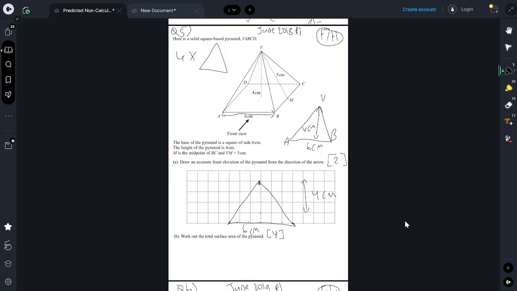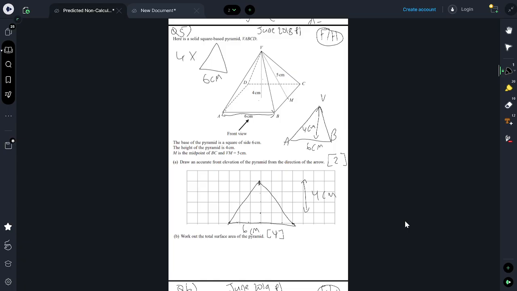Now, the area of the triangle, think about it. It's half base times height. But what is the height here? Now the height is the perpendicular height.